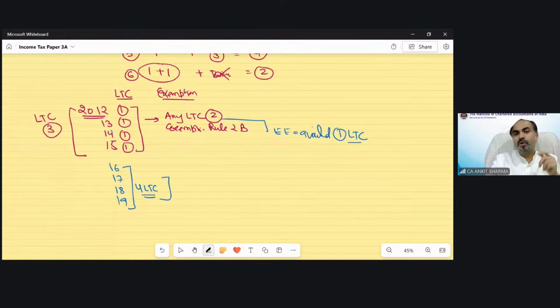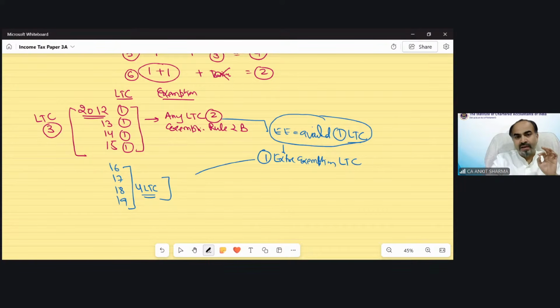So now the general provision was you can only claim 2 LTC exemption out of these 4 LTC in a block. But if any employee only avails 1 LTC in these 4 year block, then 1 extra exemption which he did not avail, he can claim in this year. So 1 LTC exemption relating to the old block plus 2 LTC exemption provision out of the 4 block, he can claim.